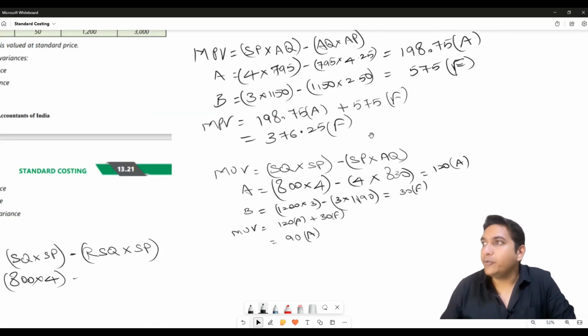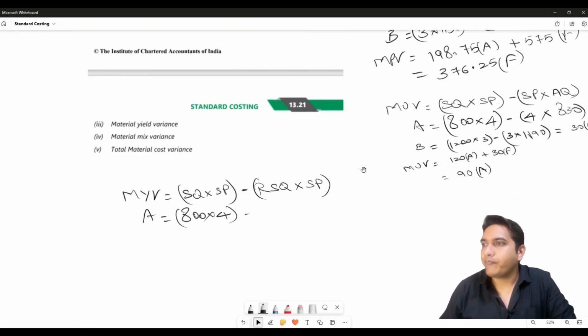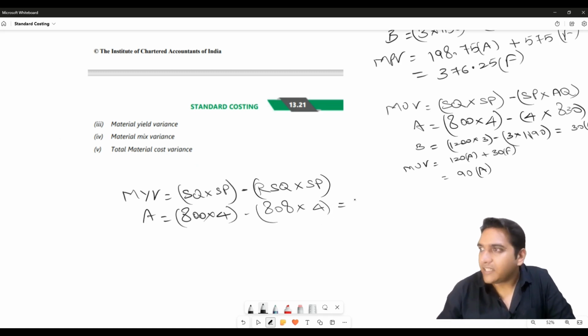We have already computed that in our first step. It is available in the table. Revised standard quantity is 808 multiplied by our standard price of 4. So the variance we get for this is 8 times 4, which is 32 adverse.